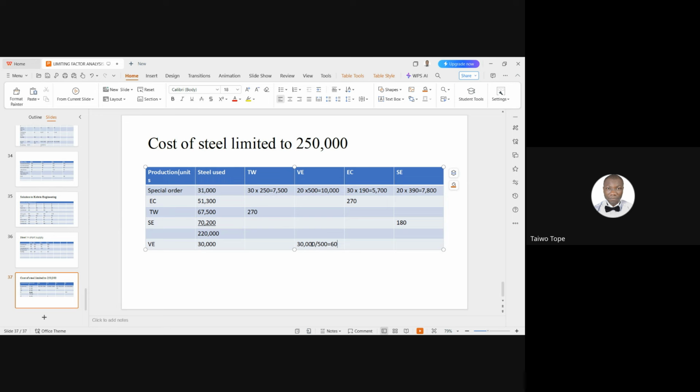I explained in the first class that this used to cause confusion to students. The simple thing is the resource that is left, just divide it by the cost of purchasing the limiting factor. And if the limiting factor is not in naira, if it is in hours, you divide the remaining hours by the hours you require to produce one unit, and you get the number of units.